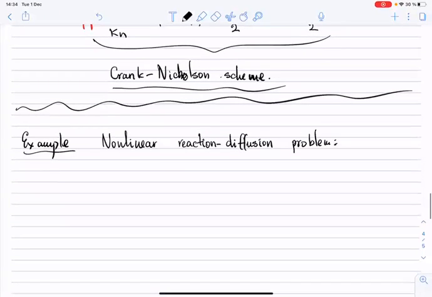So reaction, we know that the heat equation is actually a diffusion problem because we have a second derivative term in space, and the reaction term is a nonlinear term which is included in this form. So the equation we are solving is u_t plus u squared, some reaction coefficient, minus the diffusion term, equal to f.